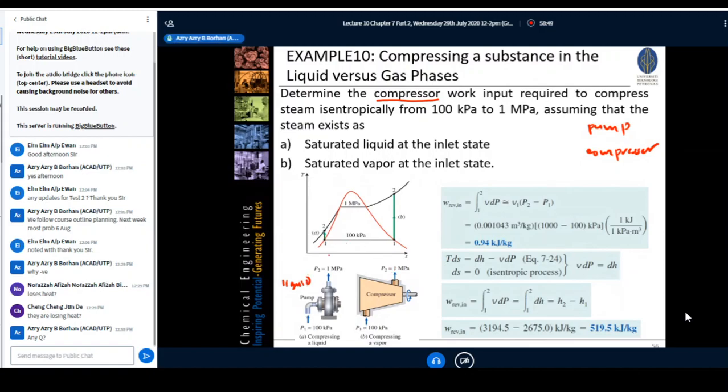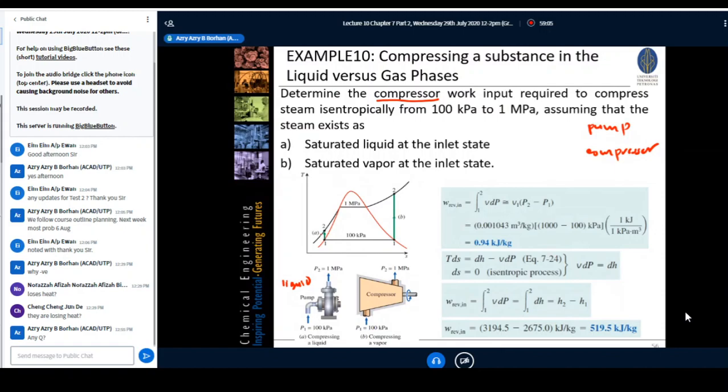So here, from state 1, you have saturated liquid. Saturated liquid is still liquid, but it is at the borderline, that means at any time it will experience phase change.